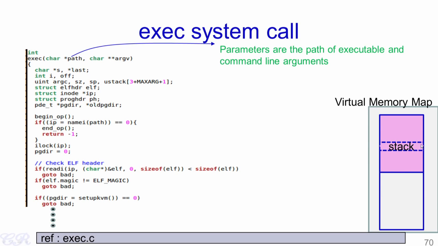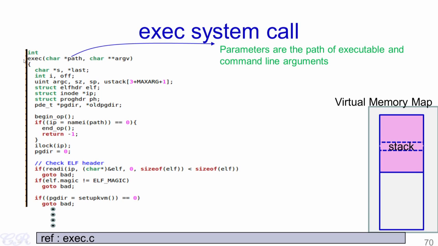Also, during the process of forking, a kernel stack gets created. This kernel stack is specific to this child process. Now, we will see how this virtual memory map changes as the exec function executes.